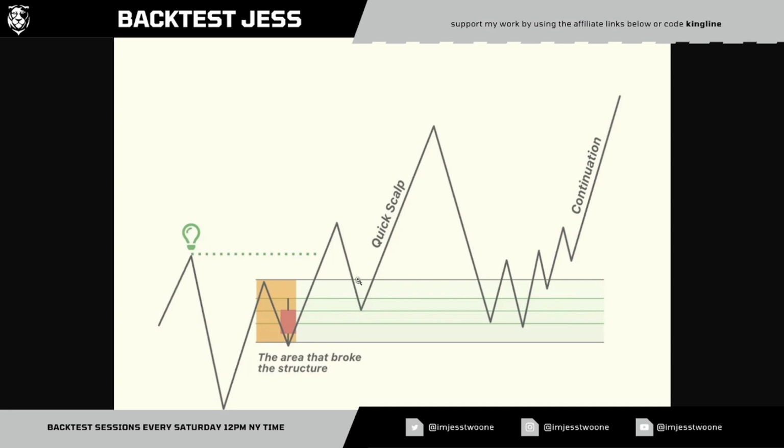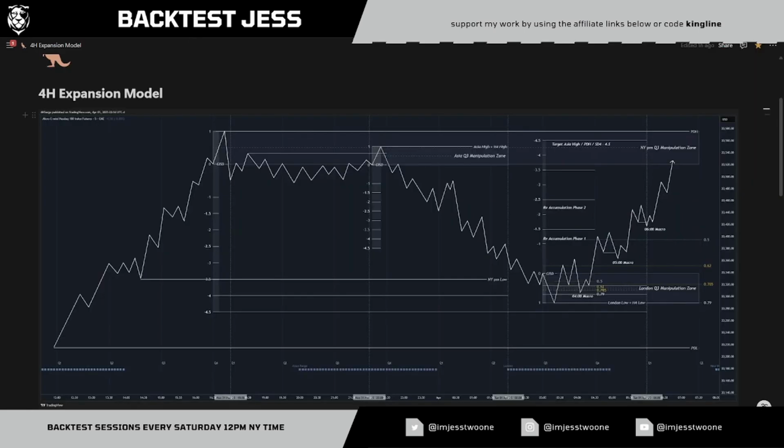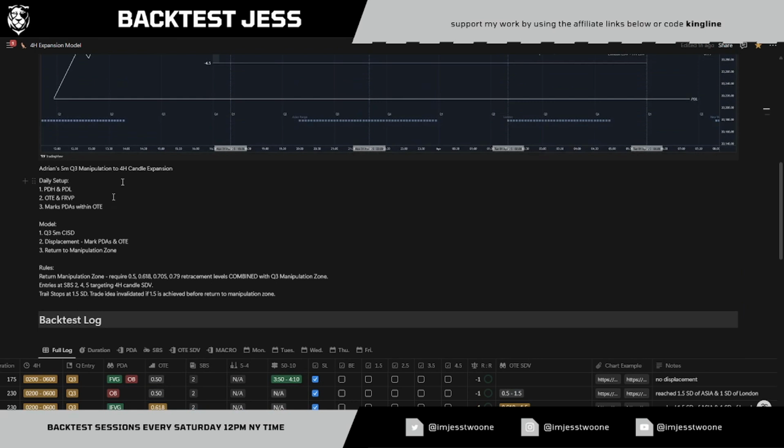For example, if you pull this deviation here, this will more than likely at least deliver 2R. This is where you want to close immediately. This is where you can start to hold longer, or this can be your add-on. Yeah, the rules are here. You can also find it in Adrian's mentorship channel.